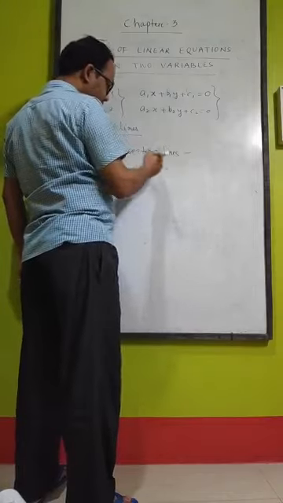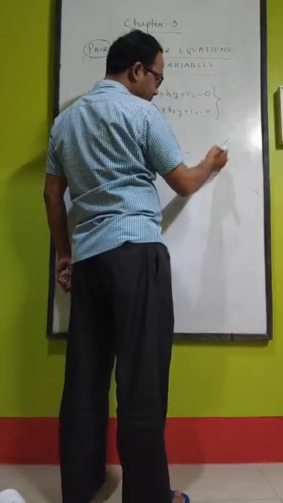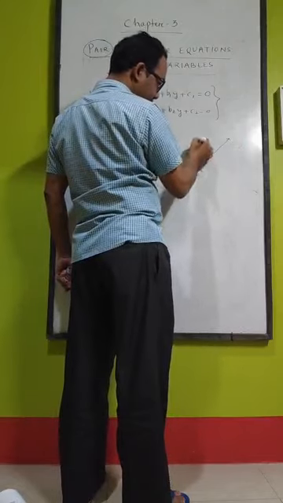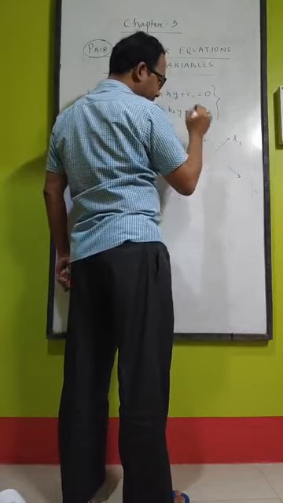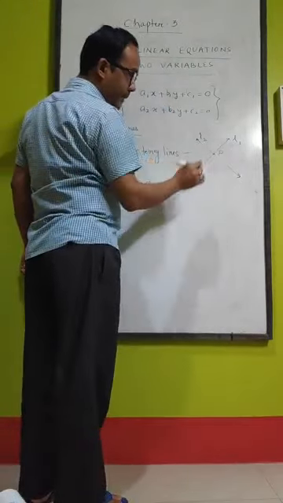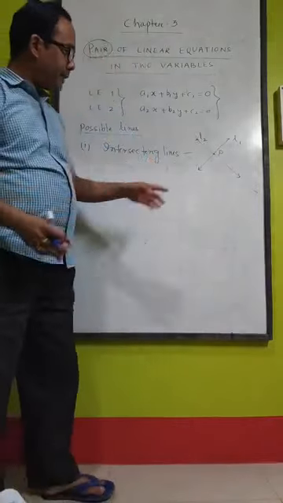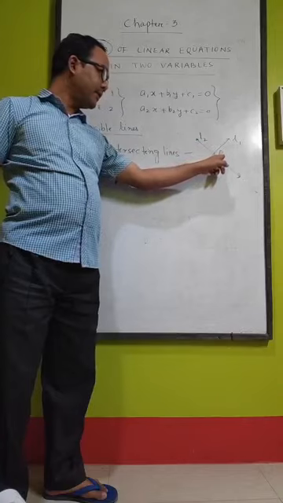To draw two lines on the plane surface, we may draw like this. This is line number 1 and this is line number 2. They are intersecting at this very point P. And this point P lies on both the lines. What is the meaning of this?